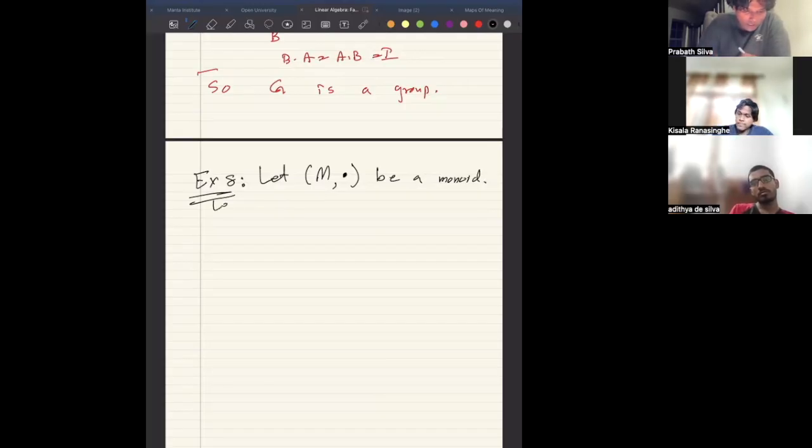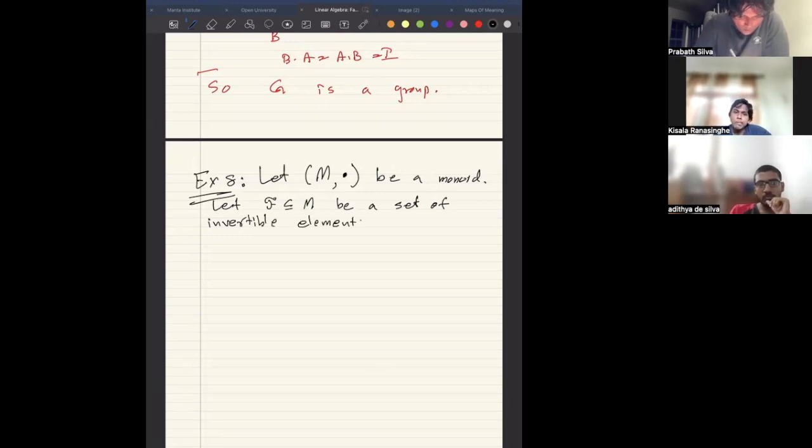And let F be a subset of M. Be a set of invertible elements of M.